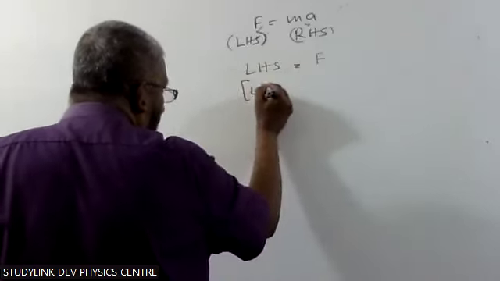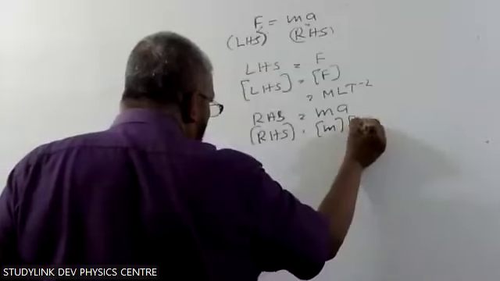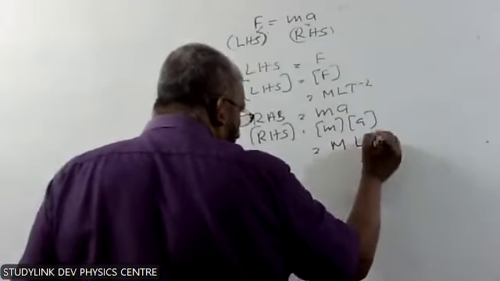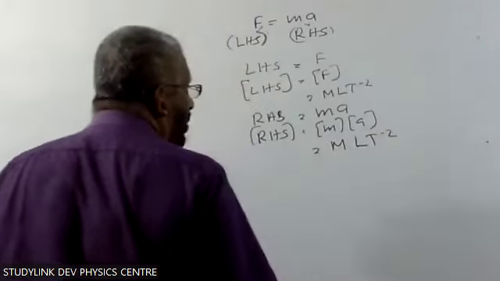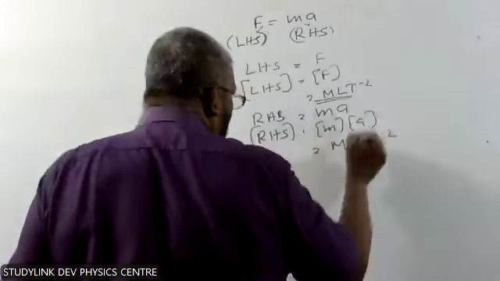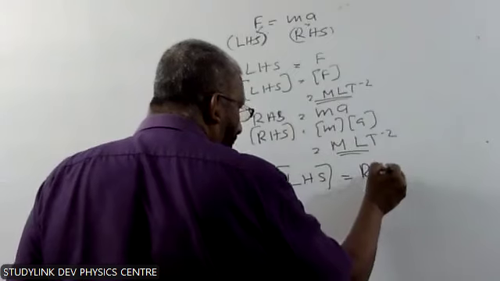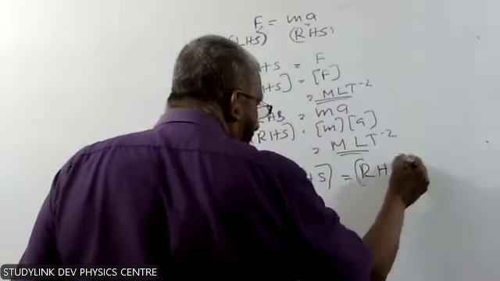Then right hand side, MA. Dimensions of right hand side is dimensions of M into dimensions of A, that is MLT minus 2. Both are the same. Dimensions of left hand side is equal to dimensions of right hand side.